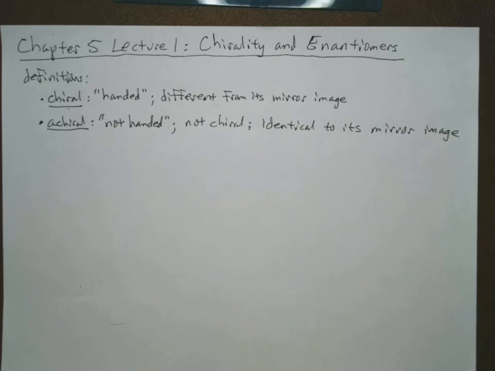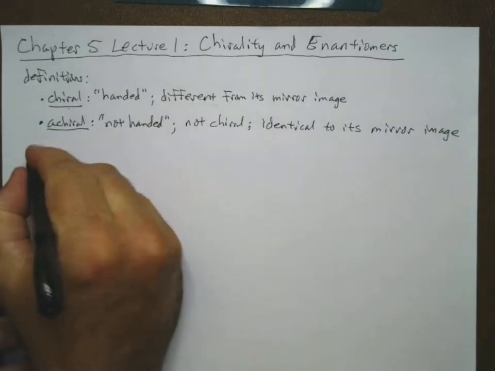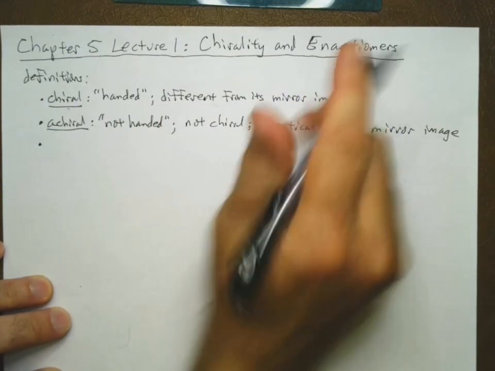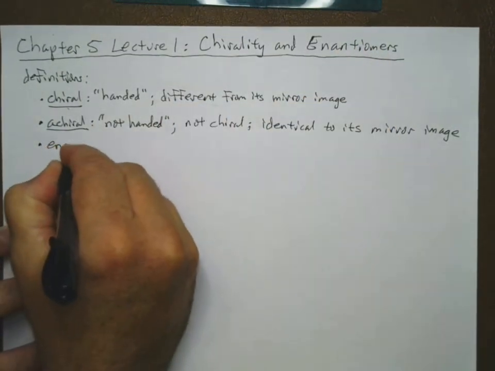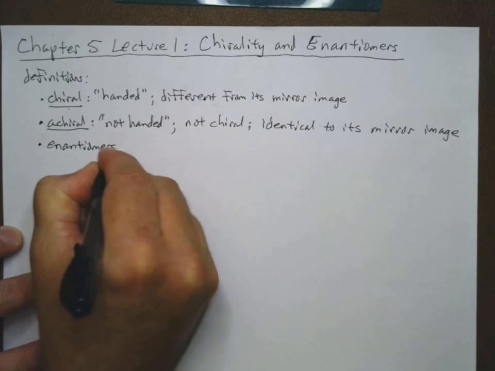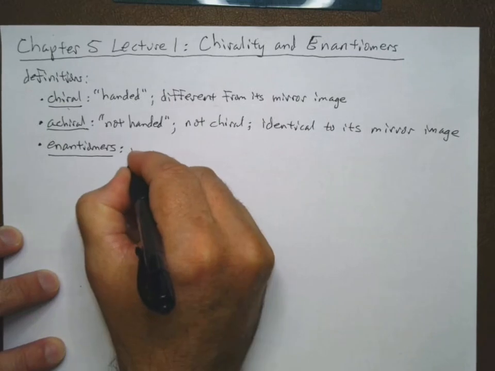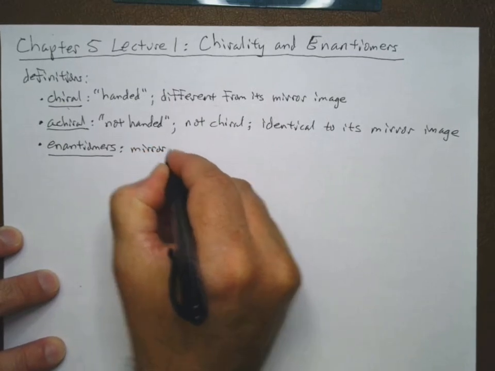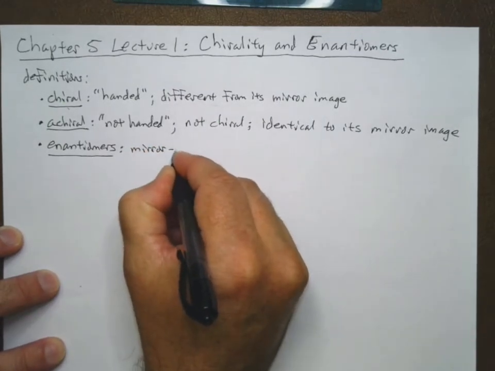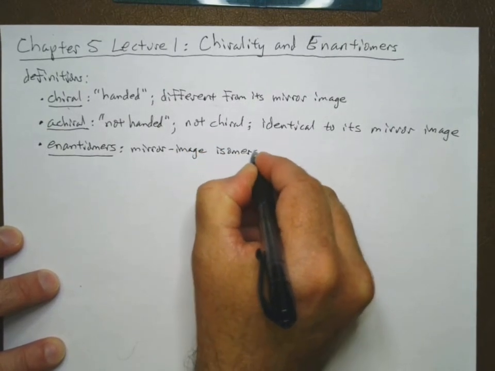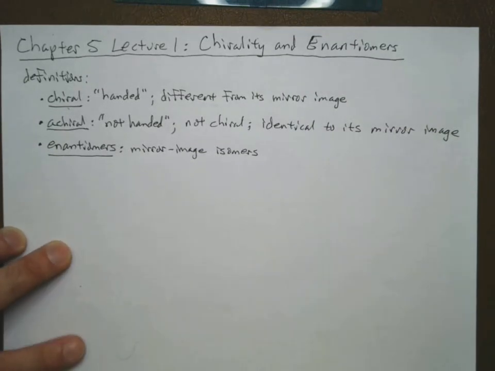Now, this chirality can be applied to molecules as well. One more term to define here actually is this one, enantiomer. So enantiomers are mirror image isomers. We'll talk about different types of isomers a little bit later on.